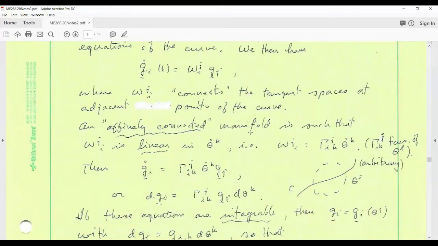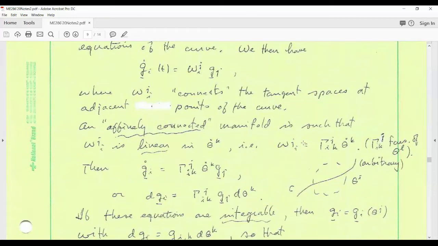Euclidean space, and also all the spaces that we'll study here in the course, including the space-time of relativity, are all examples of what's called an affinely connected manifold, or affinely connected space. An affinely connected space is one in which these omegas, these coefficients, are linear functions of theta dot, the derivatives of the thetas with respect to the parameter.